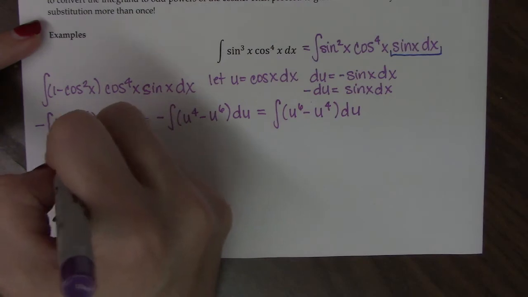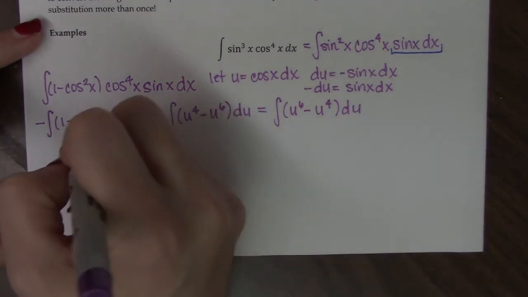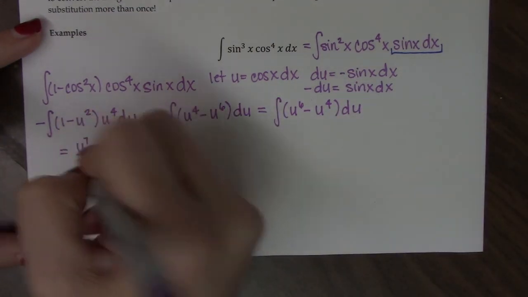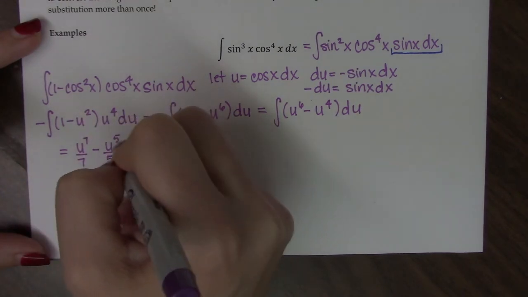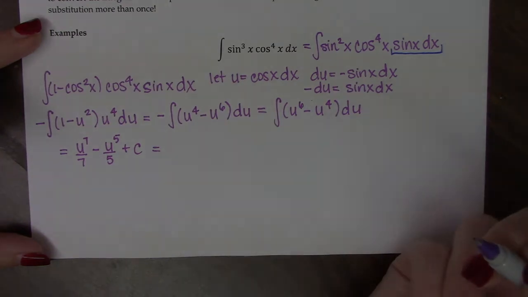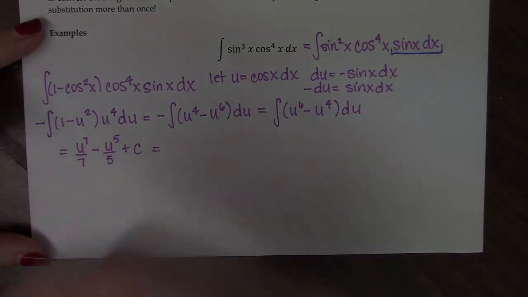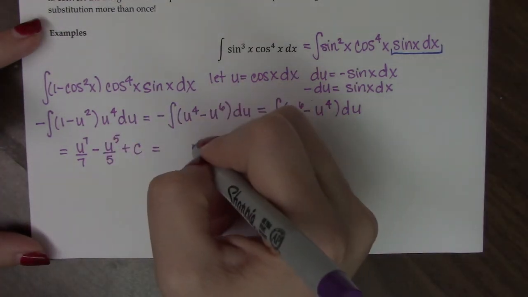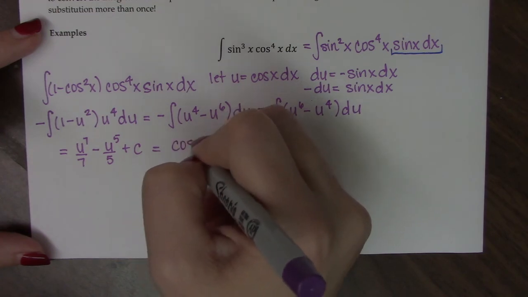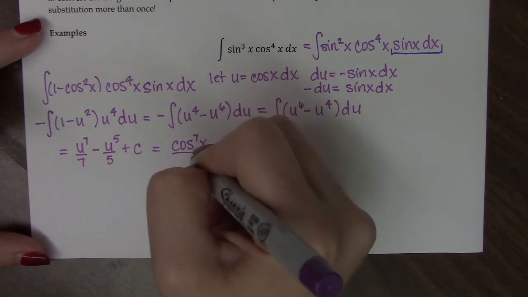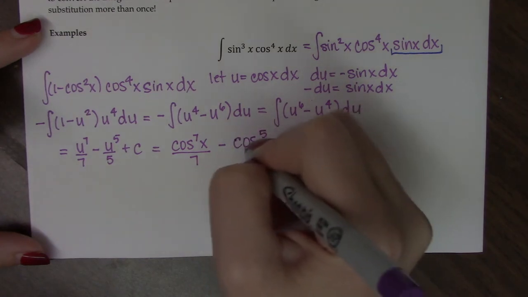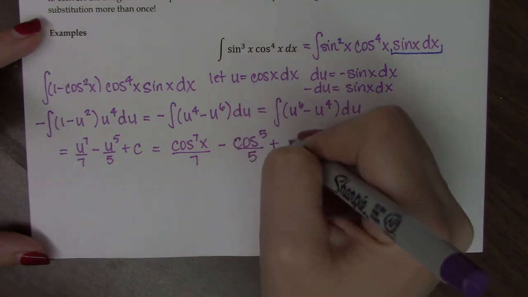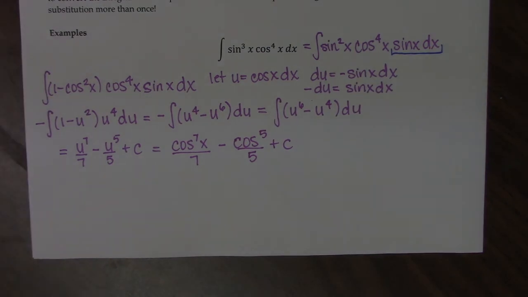Now when I anti-differentiate, I get u to the 7 over 7 minus u to the 5th over 5 plus c. Then I'll put back in what u was. U was cosine x. And there we go.